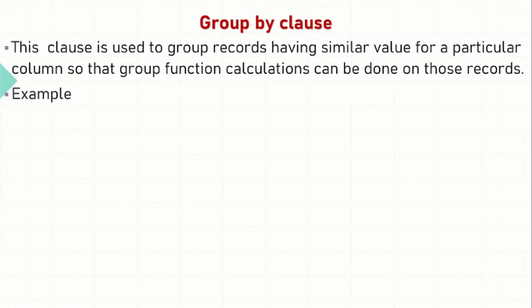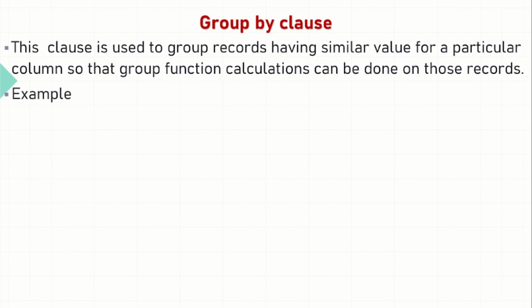So it's clearly written here also. This clause is used to group records having similar values for a particular column. Like I said, I want to know the number of students course-wise.